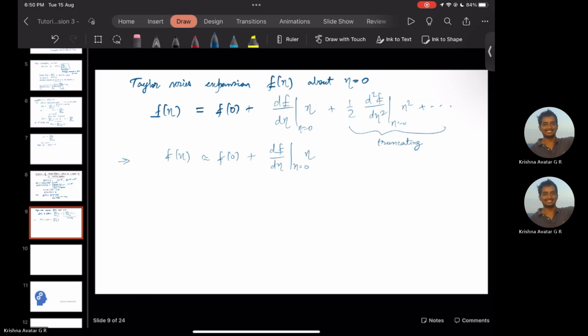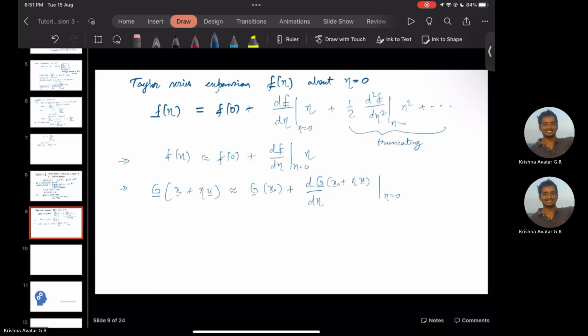Now we have our Taylor series expansion. Now let's replace f vector with its definition in terms of the actual set of equations that we had. So it's g vector of x naught plus eta u vector approximately equal to g of x naught vector plus d of g vector divided by d eta, at x naught vector plus eta u vector, at eta equal to 0.